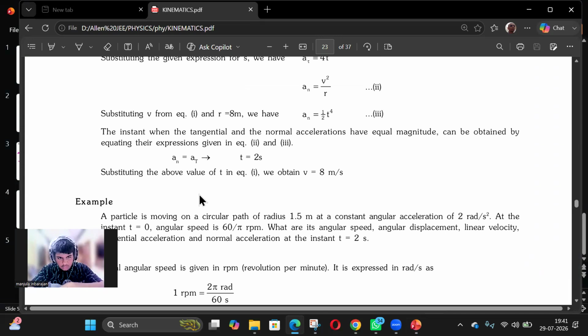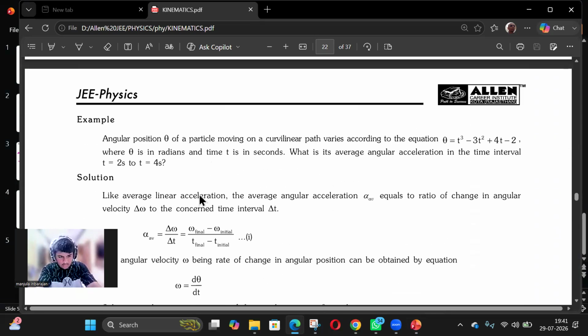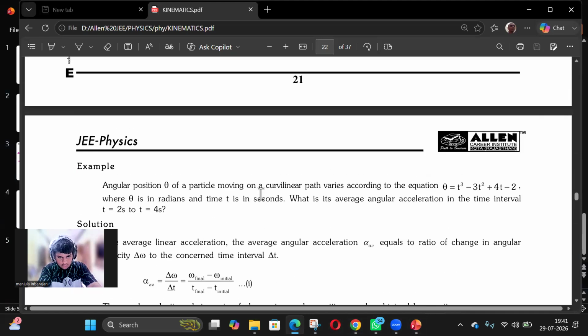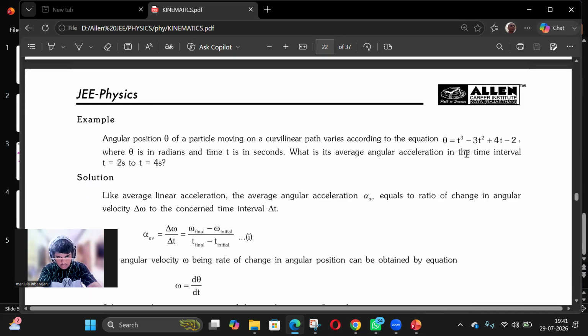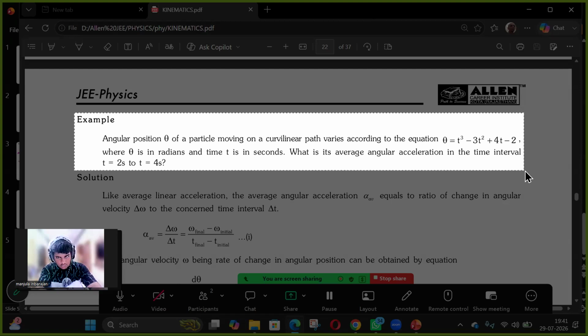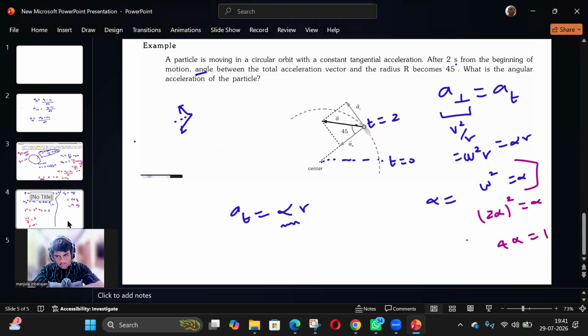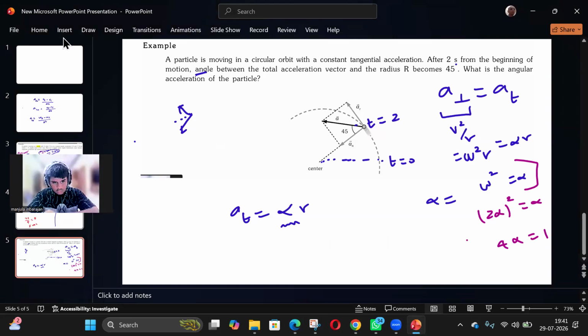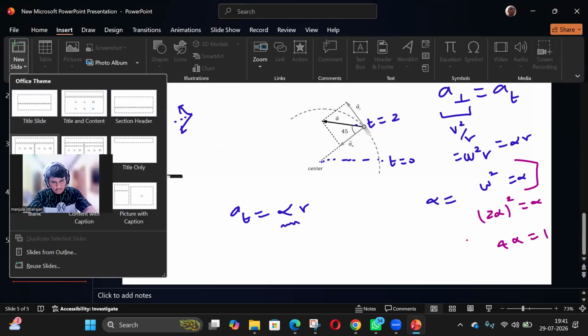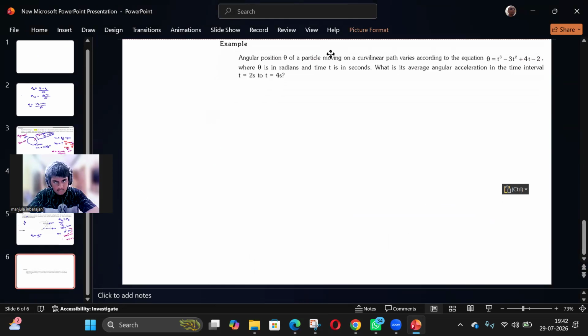Any difficult questions in your exercise book on circular motion? Try this one.